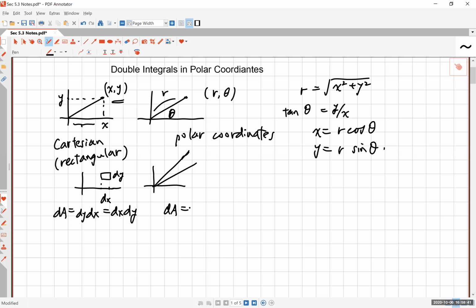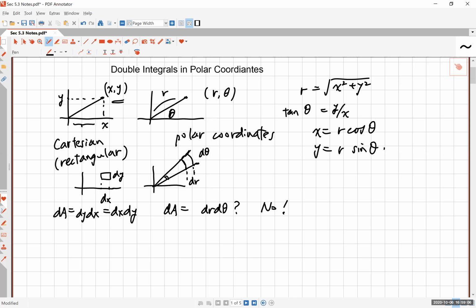dA represents a tiny piece, depending on which coordinate system you're using. So we can call this d theta, because that's the angle. Here's theta 1 and here's theta 2, and here's radius 1 and radius 2. That difference we can denote as dr. So the question is, can we just use dr d theta for this?